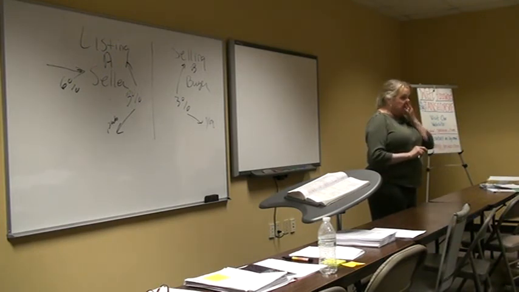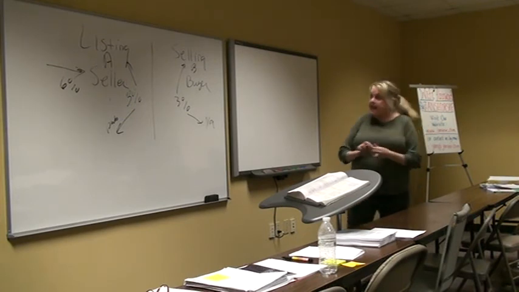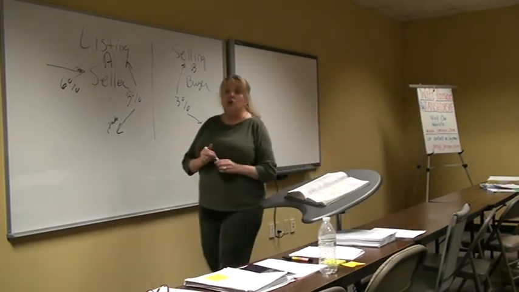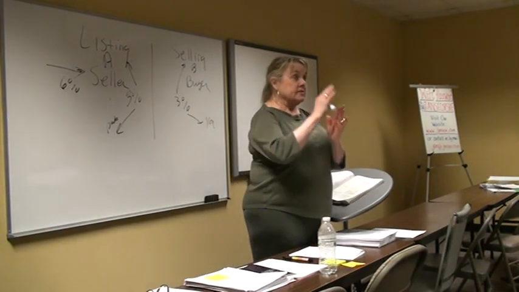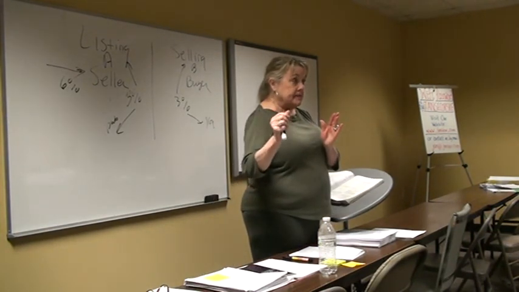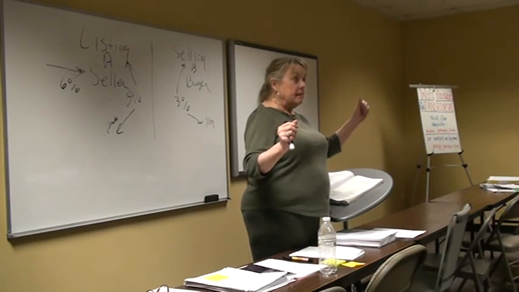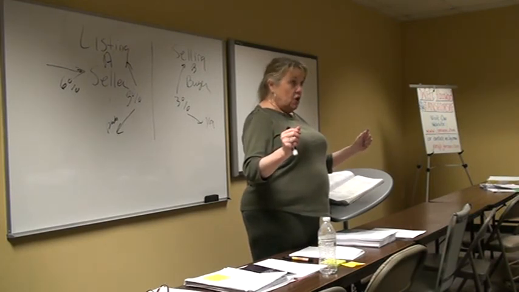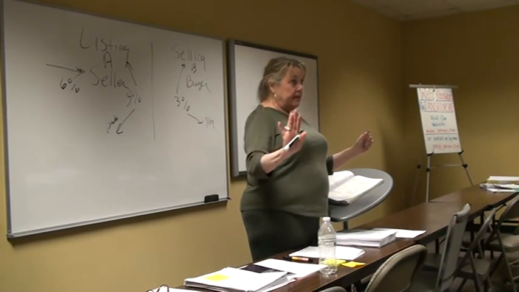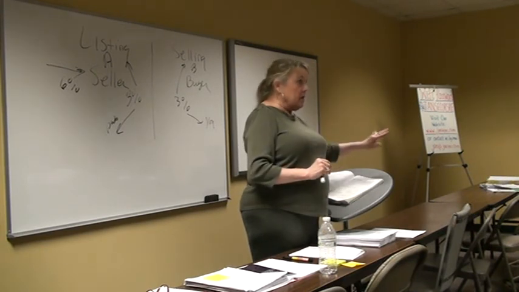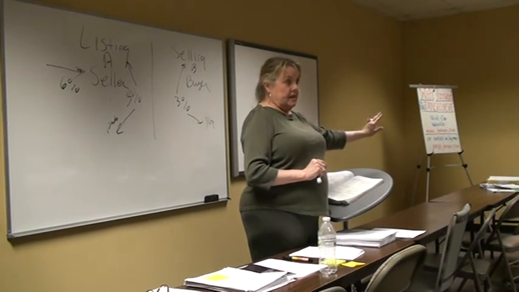Does that make sense? It's always going to be split 4 ways. Even if you, Kevin, listed and sold the property yourself, there's a list side, somebody brought the seller. There's a sale side, somebody brought the buyer. It could be you. So you'll get a part of the listing side of the commission and the company will. You'll get a part of the selling side of the commission and the company will.